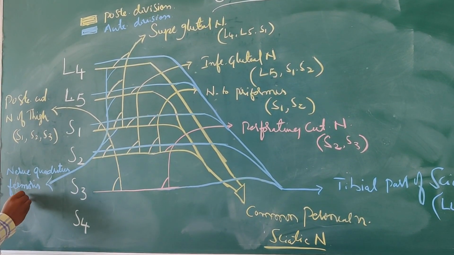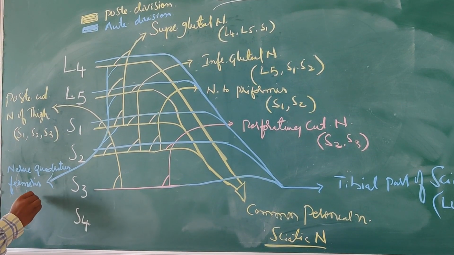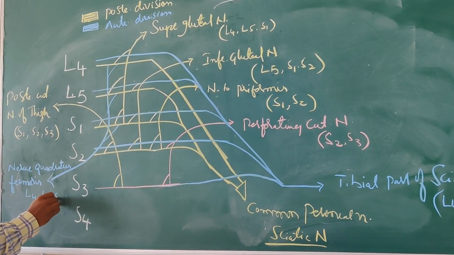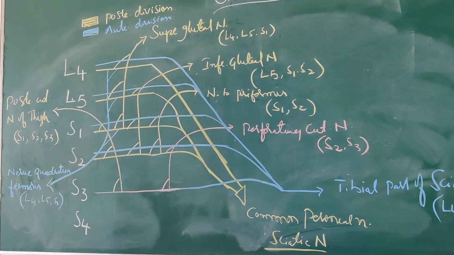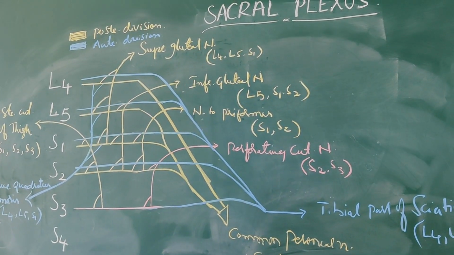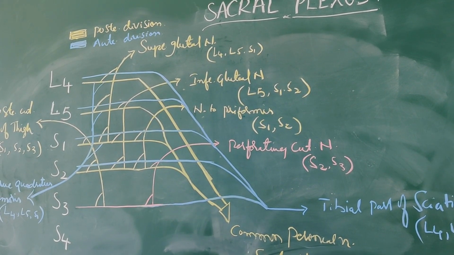So the anterior divisions of L4, L5, S1 give rise to the nerve to quadratus femoris.